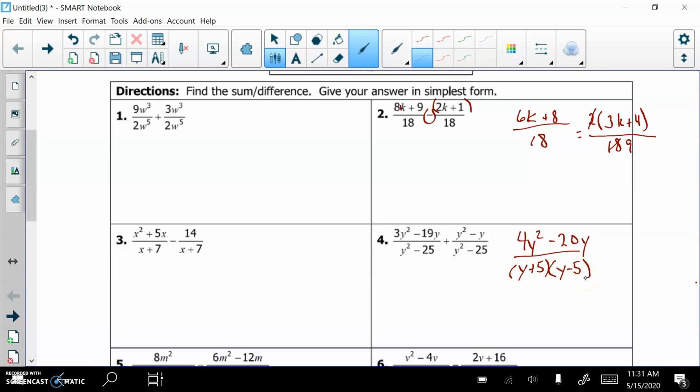The numerator can factor a 4y out, leaving you with y minus 5. Y minus 5's cancel, so you have 4y over y plus 5. As I'll continue to say, monomials and binomials can't cancel.